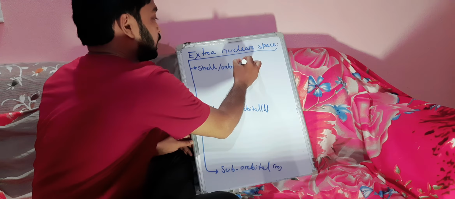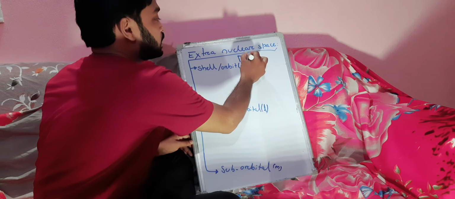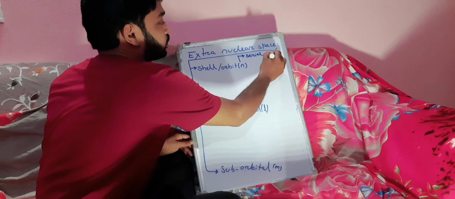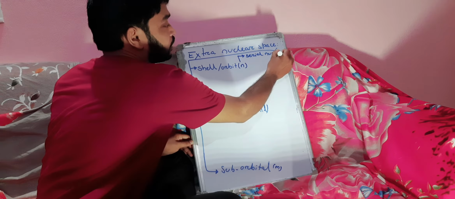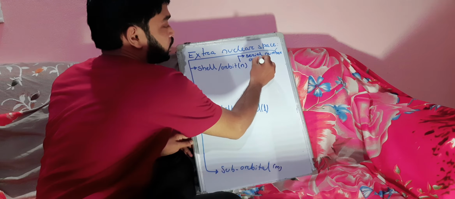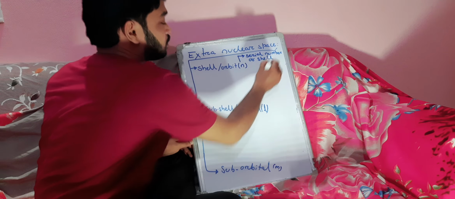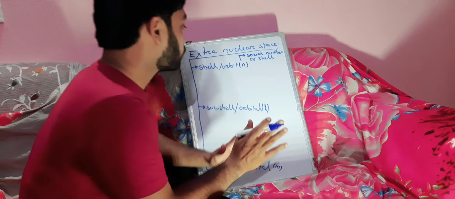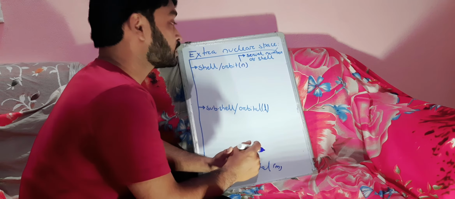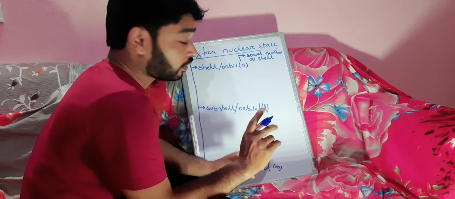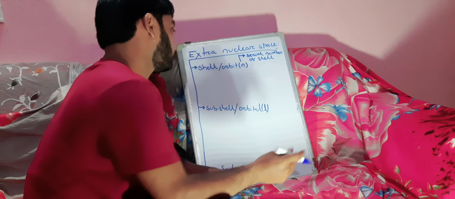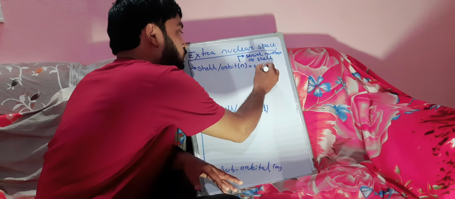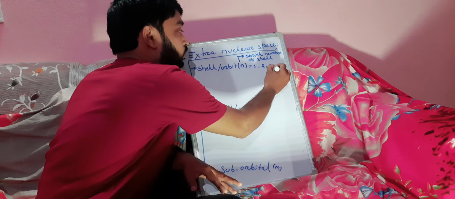That means n expresses the serial number of the shell. Everyone knows that a serial number always starts from 1 and goes on to infinity. So the starting n value is 1, then 2, 3, 4.